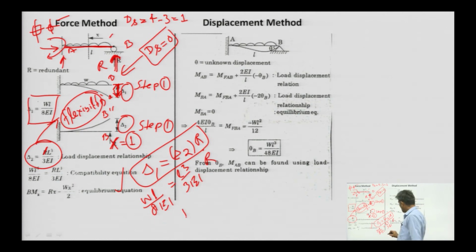From here R can be calculated. E I will be cancelled out.